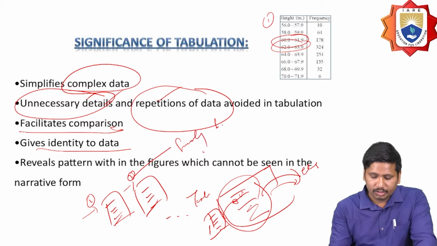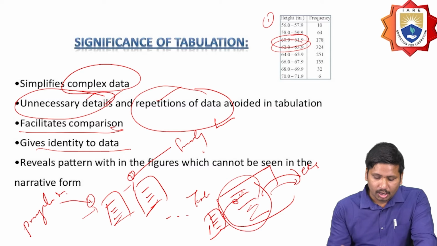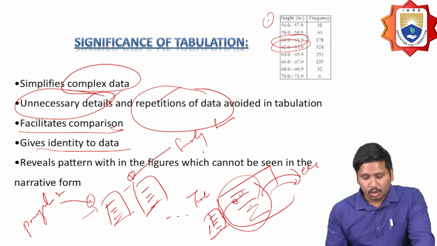If it is coming from a secondary source or from a primary source, I can identify it, so that we can easily trace where the data is coming from.